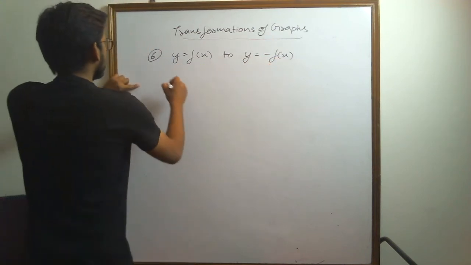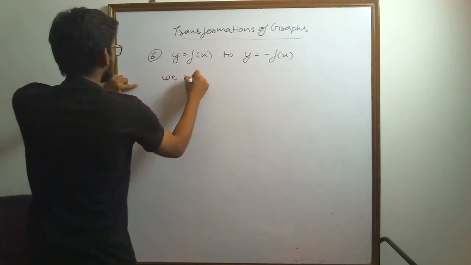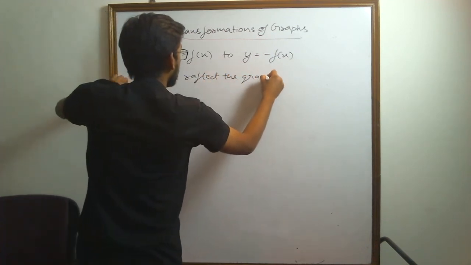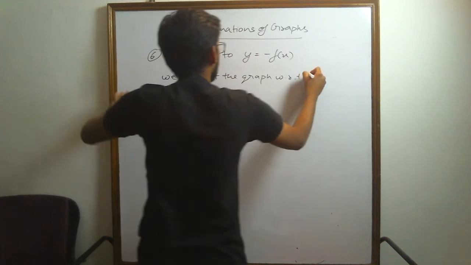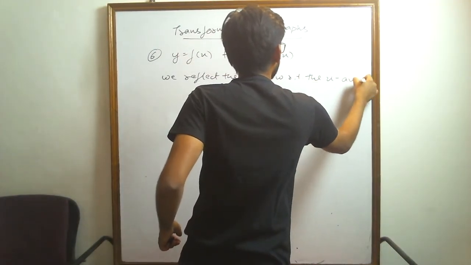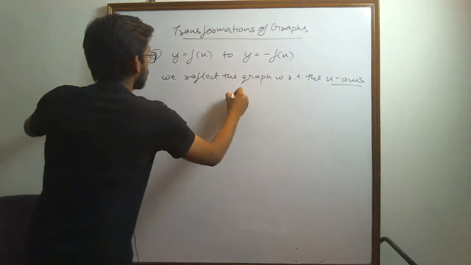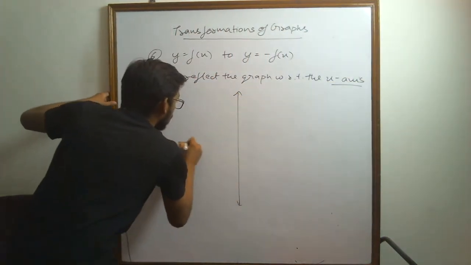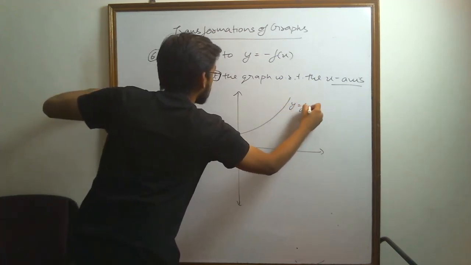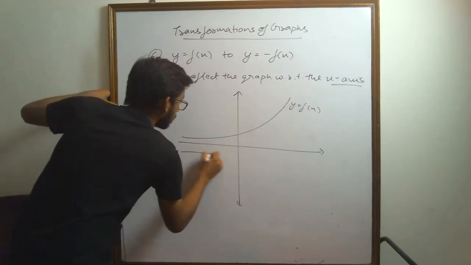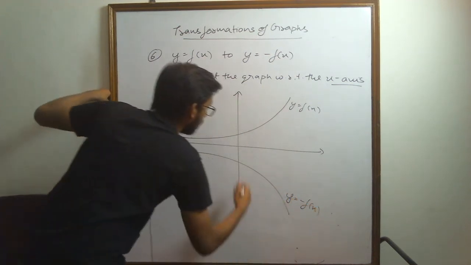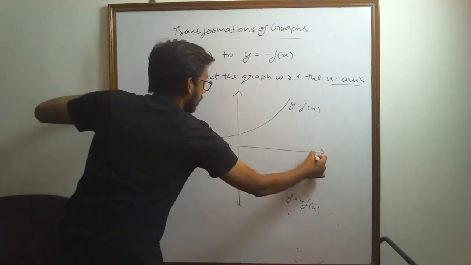So the transformation is we reflect the graph with respect to the x-axis. If this was the graph of y is equal to f of x, then this will be the graph of y is equal to minus f of x, a reflection with respect to the x-axis.